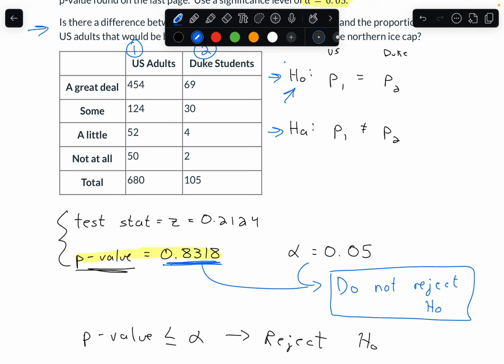So assuming that H naught is true, what's the probability that we get a sample like ours or as extreme as ours? Well, if the null hypothesis is true, the probability that we get a sample similar to ours is roughly 83.18%. That's awfully high, which means that sure, that seems like a reasonable thing to happen. So we should not change our minds. We should not reject H naught.